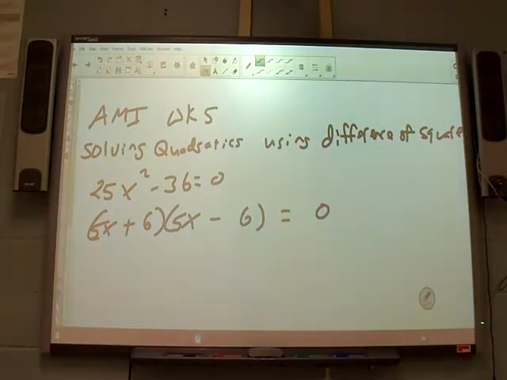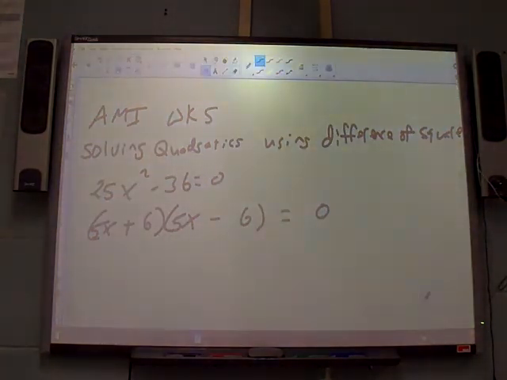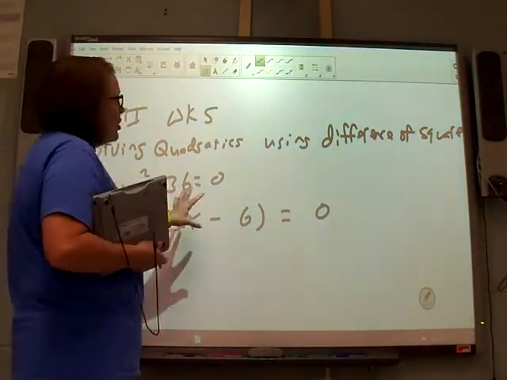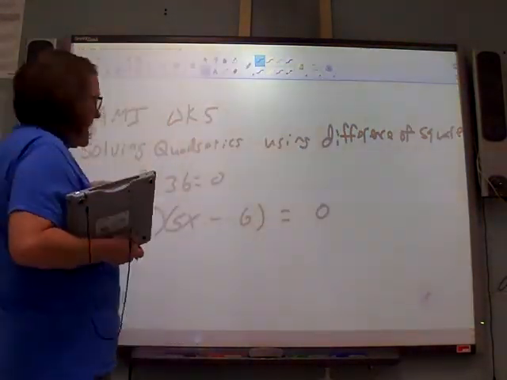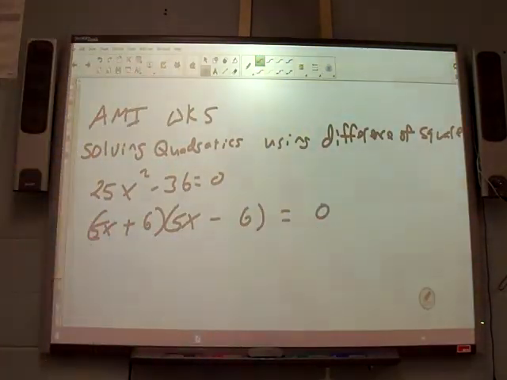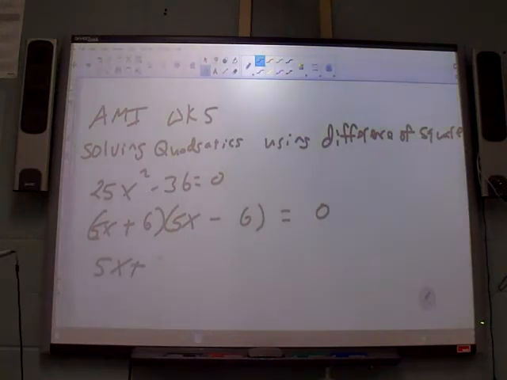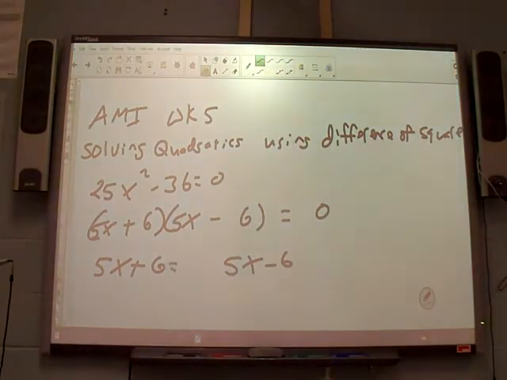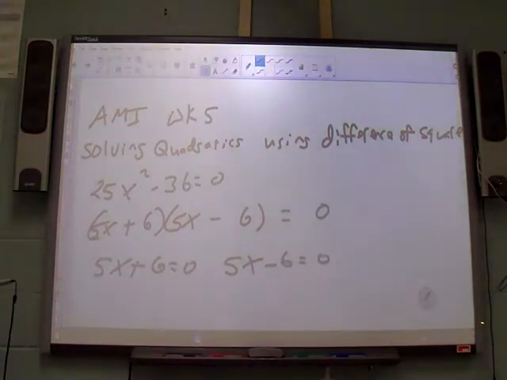Now, sure, there's another way to solve this. There's another couple ways to solve this, but this is the way we're doing it today. Now, where we are here, just like when we did with factoring, we set each of these equal to 0 and solve. So I'm going to have 5x plus 6 and 5x minus 6. I'm going to set both of those equal to 0 and solve.